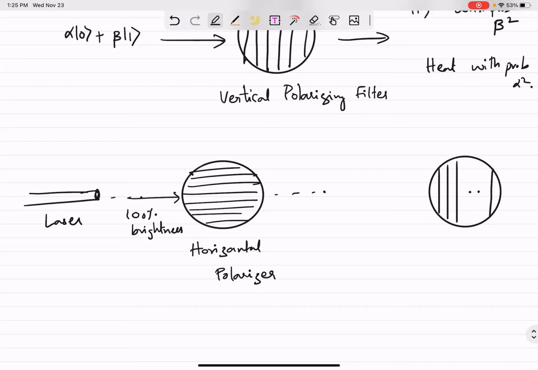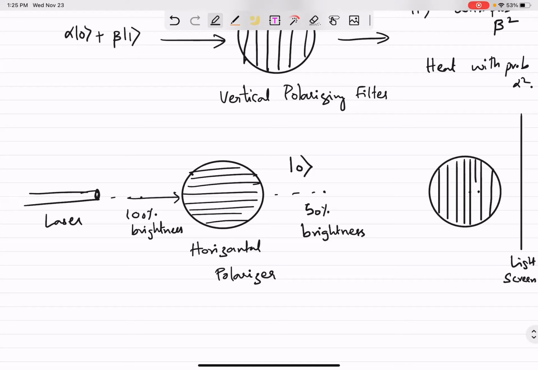If I stack a vertical filter here and put a light screen, you have 50% brightness, but all these photons are in one direction now. Things were initially random, but once I pass through this horizontal filter, the brightness has decreased, and the states have also changed to only be along zero.